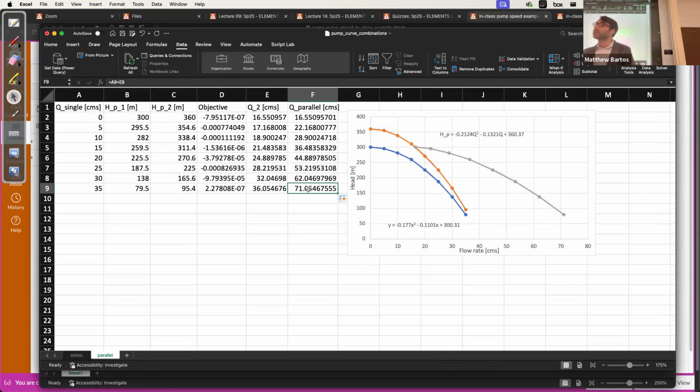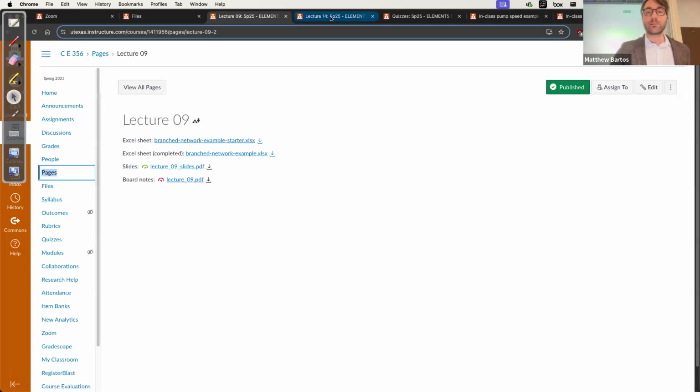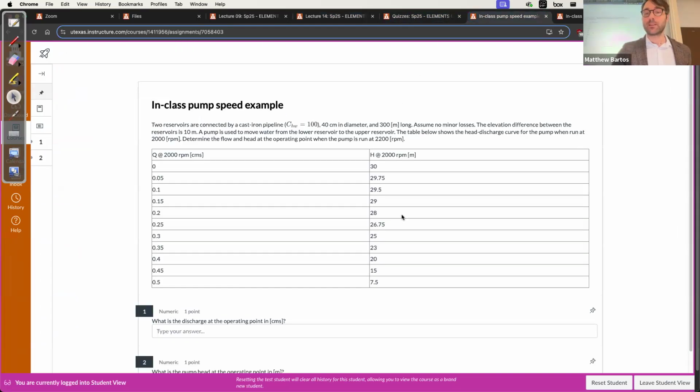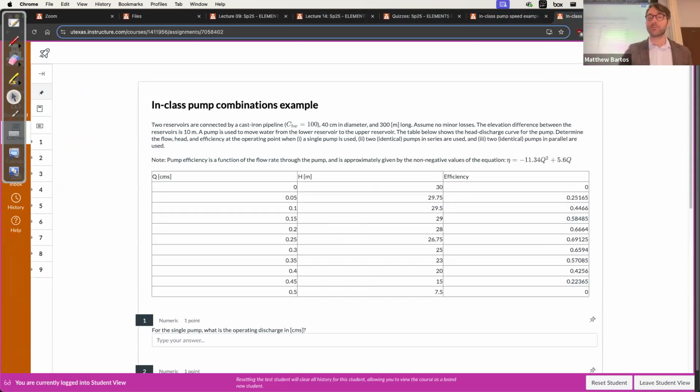Okay, so with that, I have two in-class examples. You started on the pump speed example last time. For the next 20 to 30 minutes, I'm going to give you a chance to finish up this pump speed example. I also have another in-class problem.